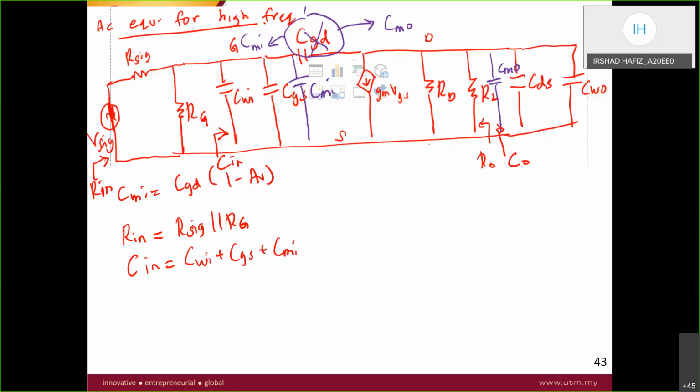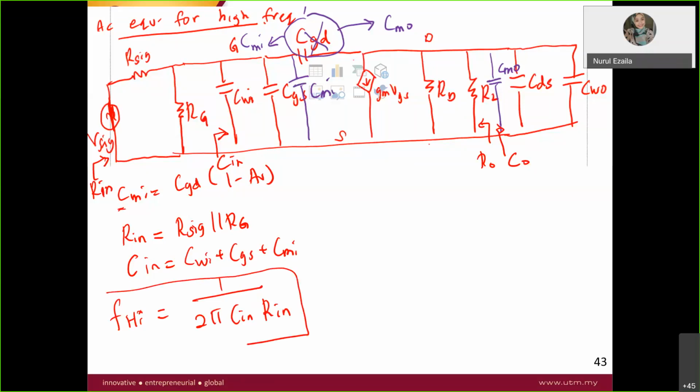Yes, CM in is this one. So the high frequency referring to the input, F high, is equal to 1 over 2 pi C in R in. That's how you find the high frequency at the input.